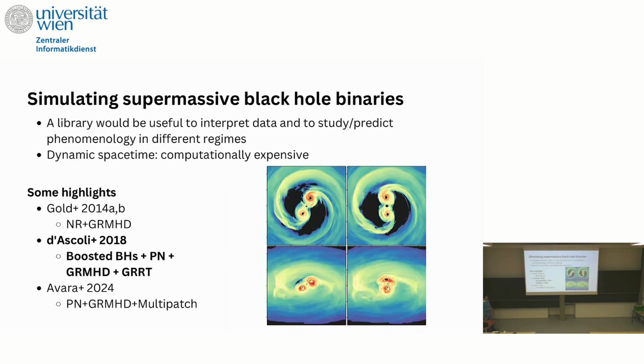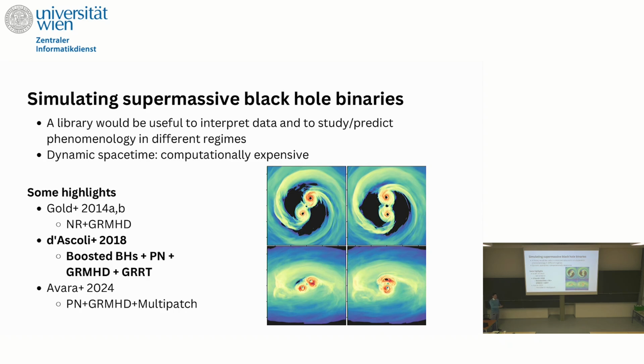More recently, there were these simulations by the group of Scott Noble that try to save the expensive numerical relativity simulations, and what they do instead is use boosted black holes. They calculate individually the spacetime of each of the two black holes.